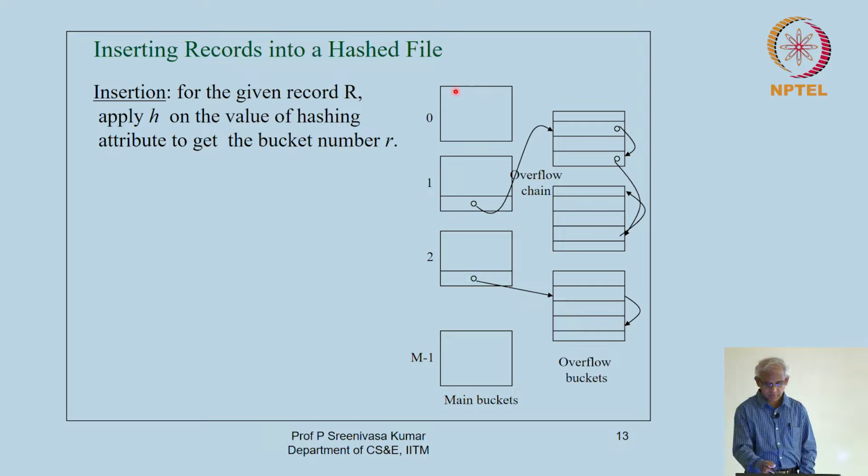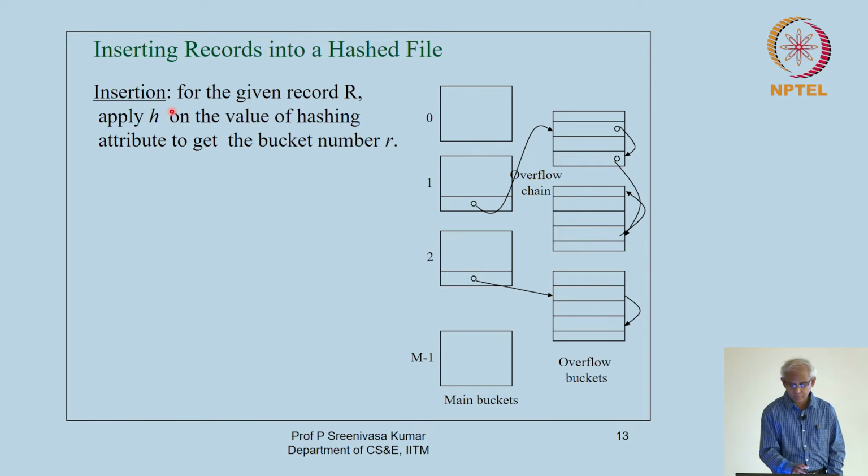Each of these main file buckets can potentially have an overflow chain attached to it. An overflow chain is a pointer to one of the records, and that record has another pointer, etc. So that's an overflow chain.